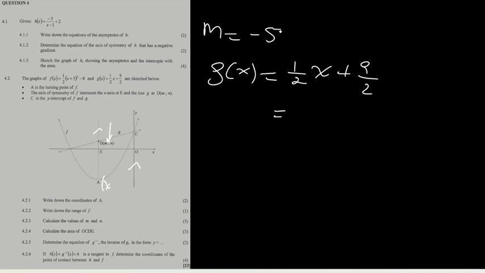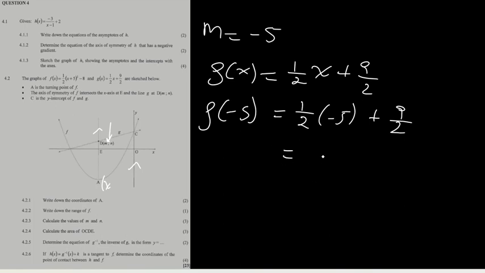We will just substitute this value -5 where there is x. So g of -5 is 1 over 2 times -5 plus 9 over 2. And then we have the same denominators here. We're going to have (-5 plus 9) over 2. If you don't know how to do this, you can just punch your calculator. It's okay. From here, then you get the final answer.